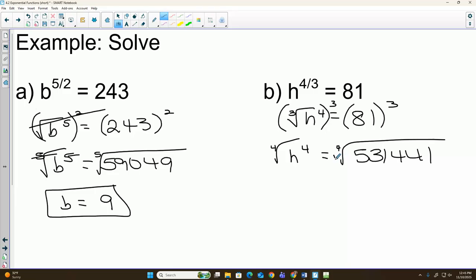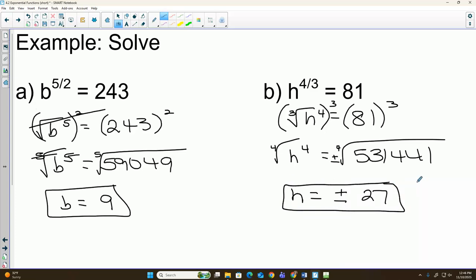Yes, because it's an even root. So I get h to be positive or negative 27. So just make sure if you have an even root, you need a plus and minus with it. Do we have any questions?